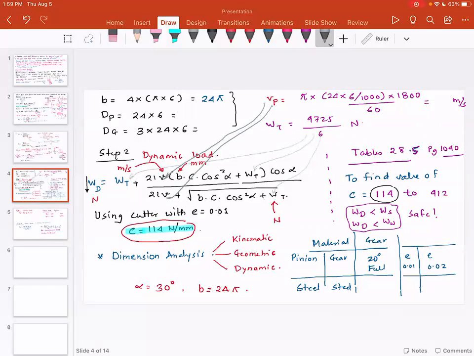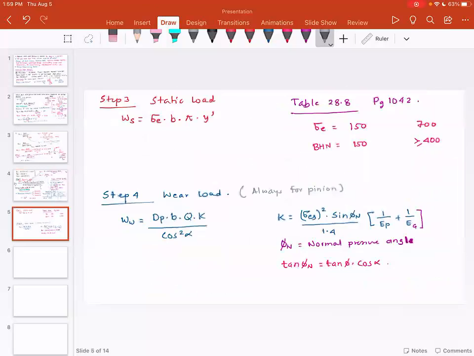That is the reason we selected the lowest value of C. Maybe we have to use an expensive cutter, maybe we have to be super careful in manufacturing, but that ensures that the dynamic load is low. Here, WS has to be greater than WD.